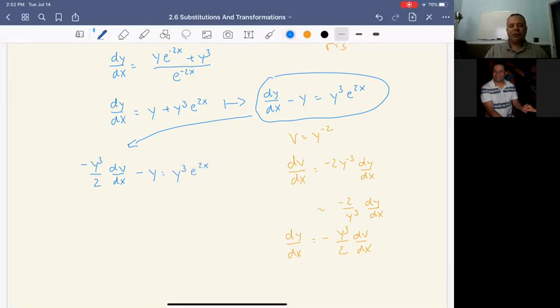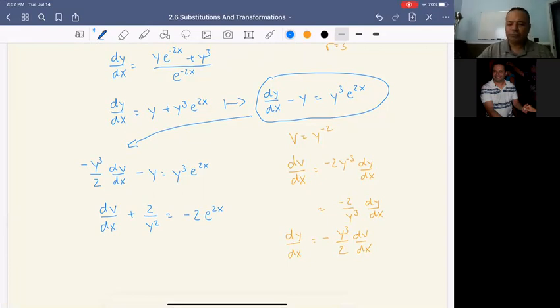But now, watch what happens. We're going to divide by y to the third, multiply by 2, and change the sign. So we're going to get dv/dx plus 2 over y squared equals negative 2 e to the 2x. So far, okay?